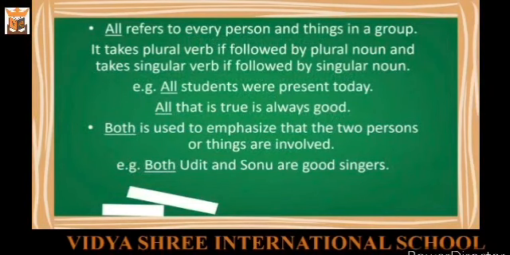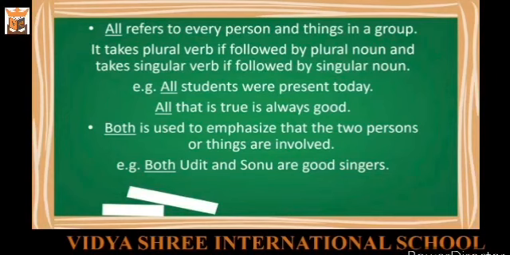All refers to every person or thing in a particular group. It takes a plural verb if followed by a plural noun, and it takes a singular verb if followed by a singular noun. Let us see an example.